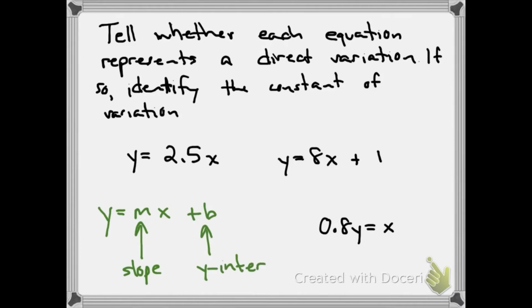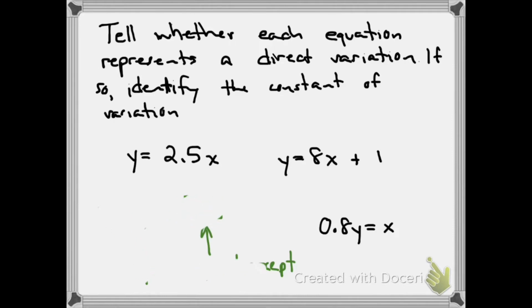For anything to be a direct variation, you can't have the b here, whether it's plus b or minus b, you just can't have it. So we can have y equals something times x, that's the slope. We want to keep that in mind when we're deciding whether something represents a direct variation, and also when we identify what the constant of variation actually is.